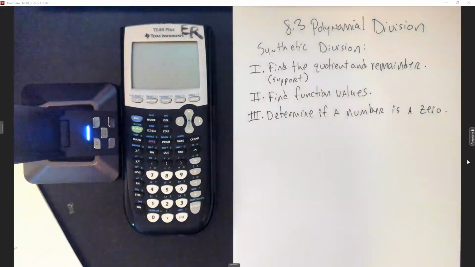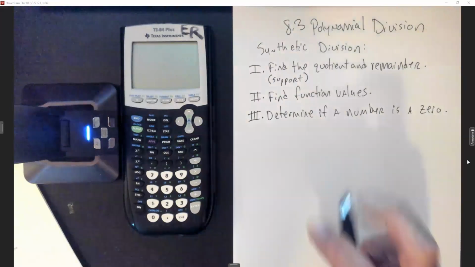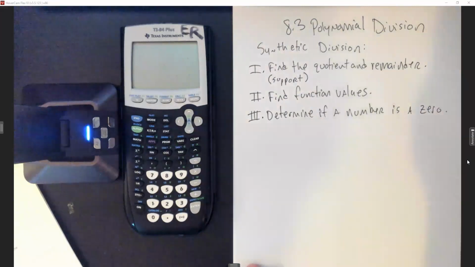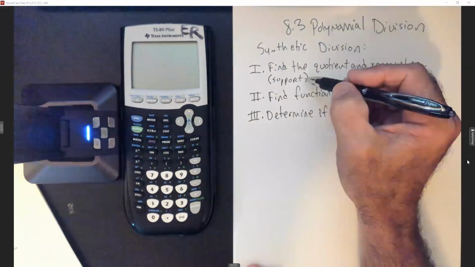And remember, zeros are basically like solutions on these. So we're going to focus with the function values in here and with the zeros. And like I said, support will deal with the quotient and remainders.